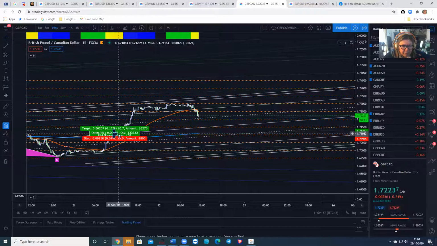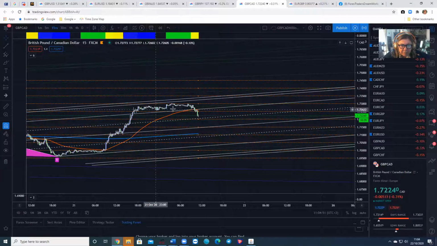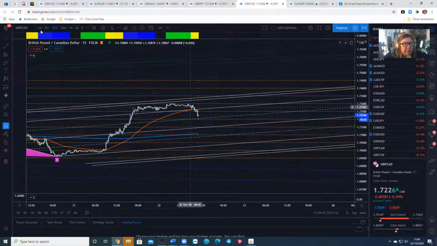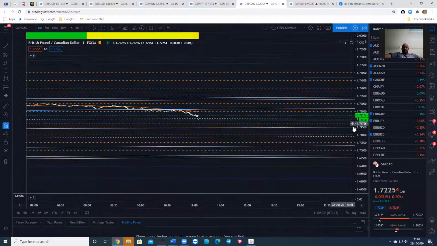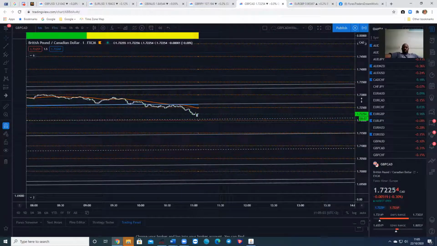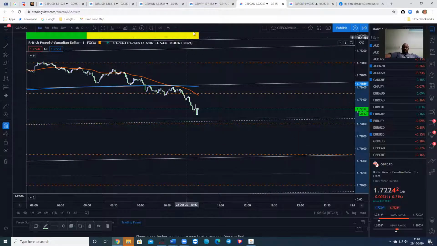Oh, I've got another one there, in case it's markups for tomorrow. So all along the quarter theory there, see how it respected it. So I'm going to put an alert. Oh, damn.